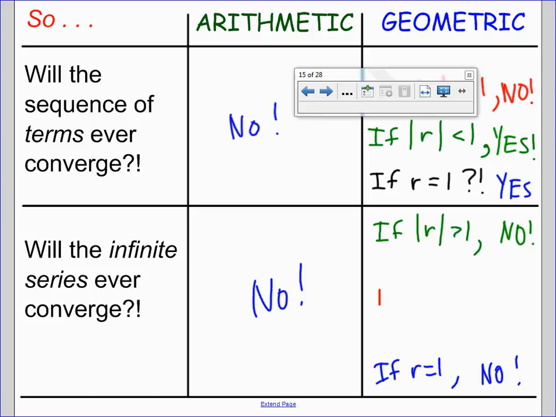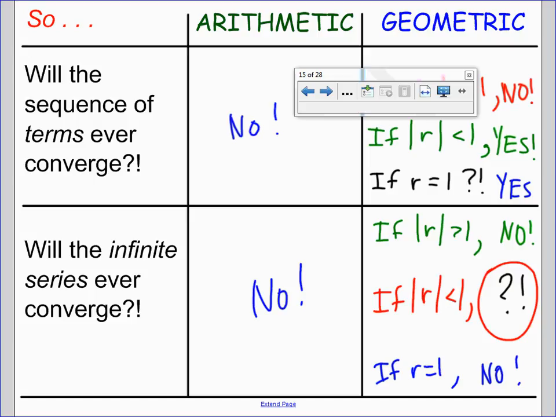Here's what we're after. Danny thought that when my base was 1/2, and we considered the sequence of partial sums, 1/2, 3/4, 7/8, 15/16, 31/32, 63/64, it looked like the limit of those partial sums existed, and they were getting closer and closer to 1.